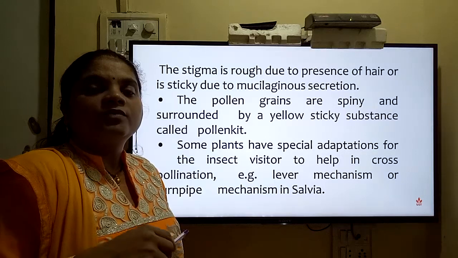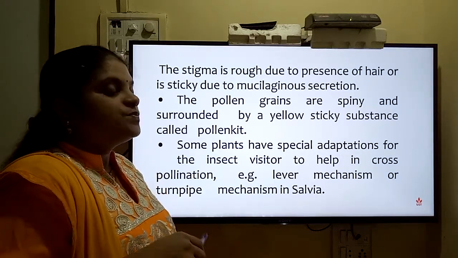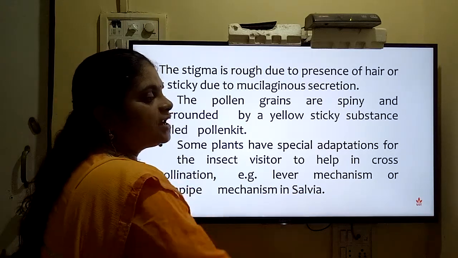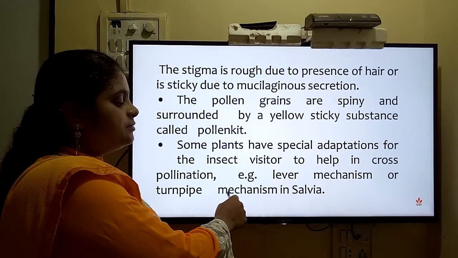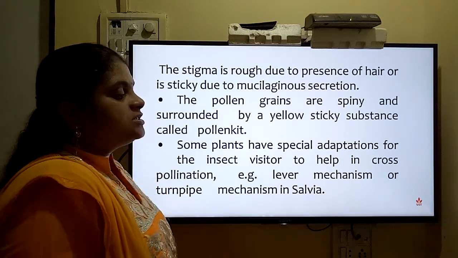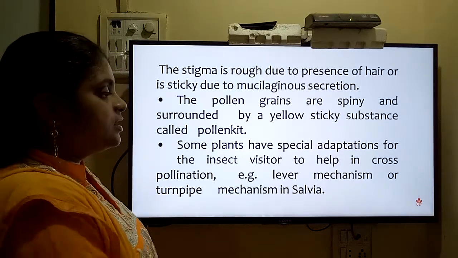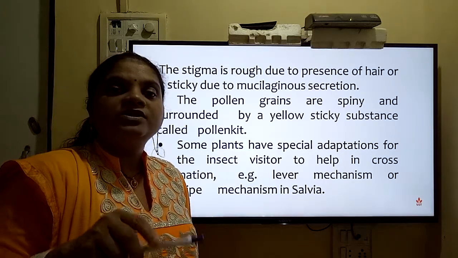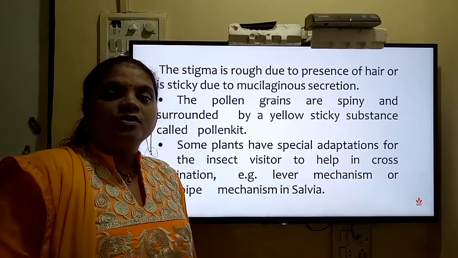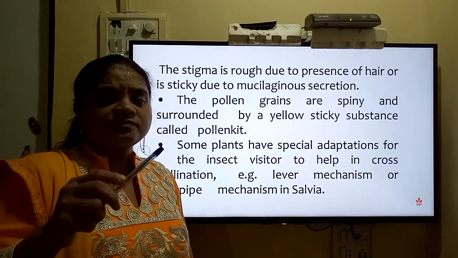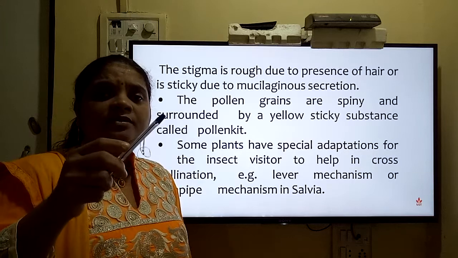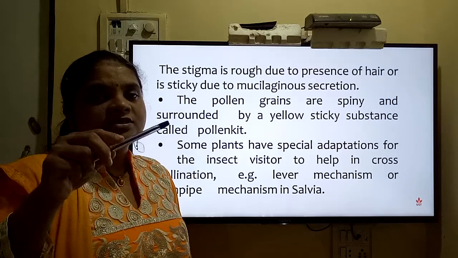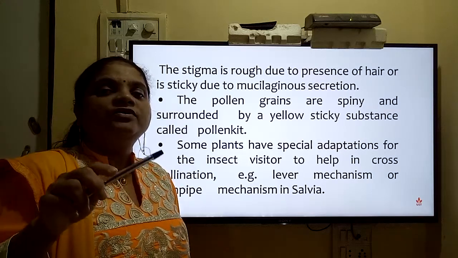Here we can observe a special type of adaptation in the flower, that is the lever mechanism or turnpike mechanism in Salvia. When an insect visits the flower, one corolla or stamen gets bent on its back, so pollen grains stick on the wings of the insect.